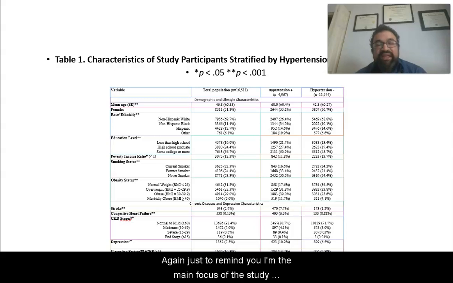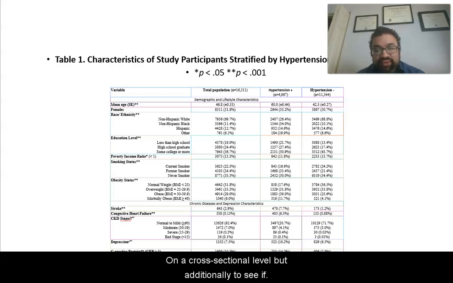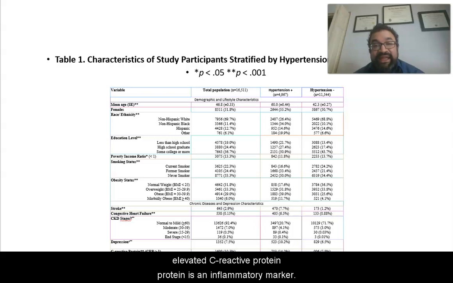So again, just to remind you, the main focus of the study was finding a connection between hypertension and depression on a cross-sectional level, but additionally to see if there was a stronger connection between hypertension and depression in those individuals that had elevated C-reactive protein.